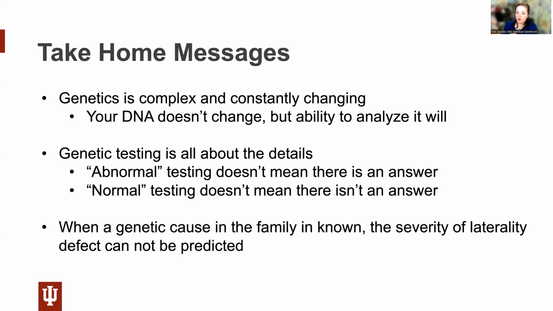And then the final one goes back to those purple beans. When a genetic cause of heterotaxy in a family is known, the severity of the laterality or the severity of heterotaxy can't really be predicted. We usually fall into that variable penetrance and expressivity.